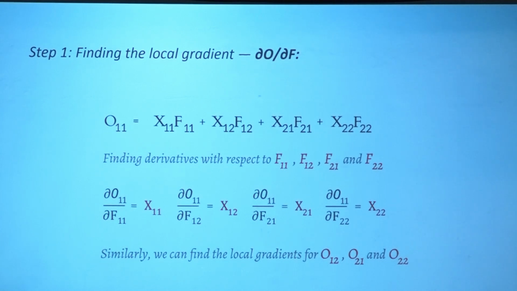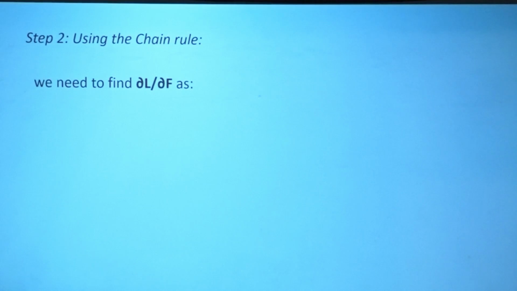Okay, done. Next step. So I have done the part of calculating the local gradient ∂O/∂F. This is done. What is the next step? ∂L/∂F by applying the chain rule of derivation. I am calling it a local gradient. Remember, these are the equations labeled A. Now the next step is applying the chain rule.